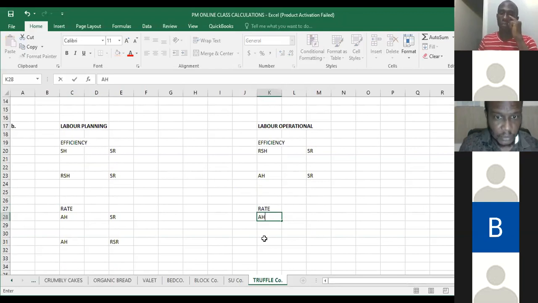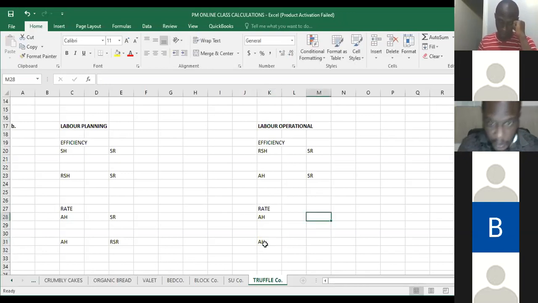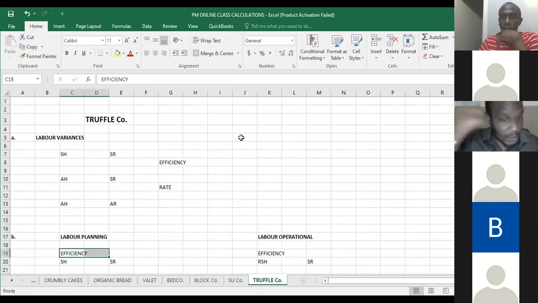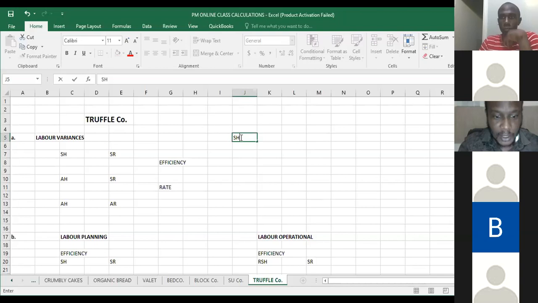So our issue is we are comparing the revised standard rate with the actual rate. Yeah. All right, so we have everything that we need. Now the rest of it is we can go and start putting all our information. So our standard hour now, what do we need? What does the question tell us?